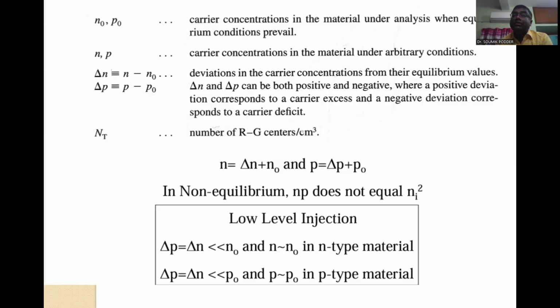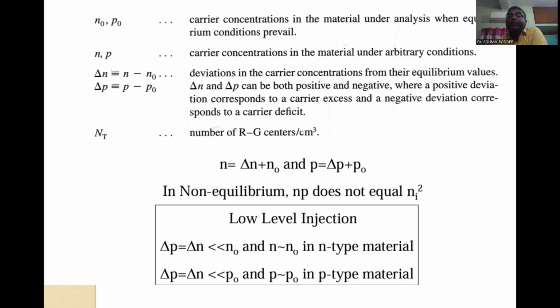So n equals delta n plus n naught, and p equals delta p plus p naught. In non-equilibrium, because when you are applying some photon, the thermal equilibrium is distorted. It does not prevail. So in non-equilibrium, np does not equal ni square.